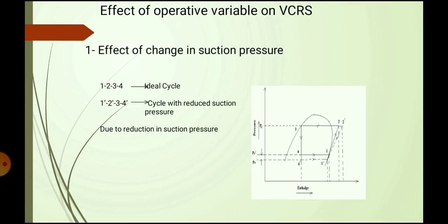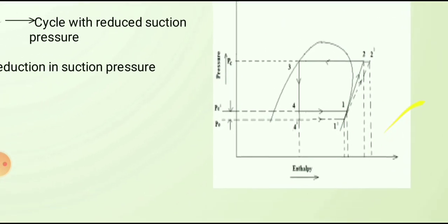From the pH diagram we can see, before decreasing the suction pressure, the work input is H2 minus H1, and after reducing the suction pressure, the compressor work is H2 dash minus H1 dash.